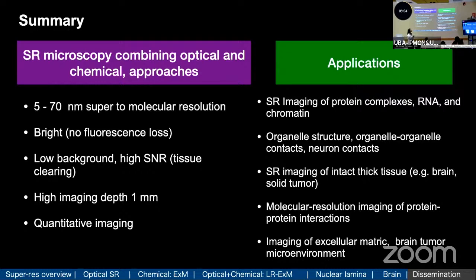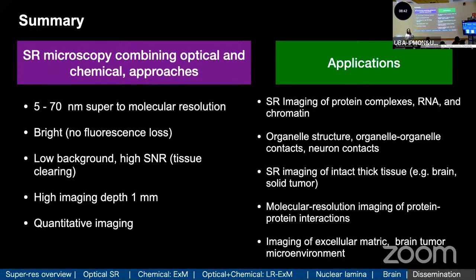Other applications include organelle structure, organelle contacts, and also imaging of intact thick tissue, because now we can image as deep as 1 or 2 millimeters with the photons. So you don't need to thin section your samples anymore.